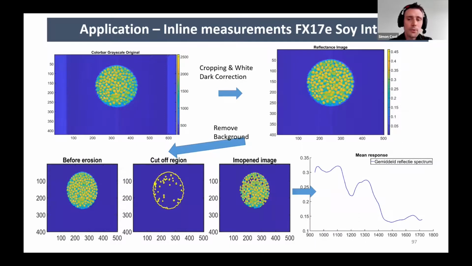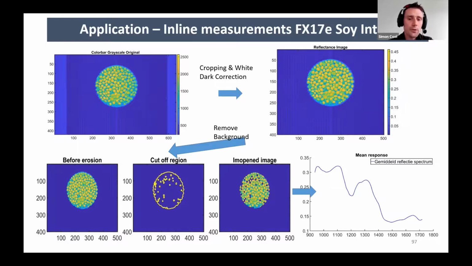Here you see some examples about that. You see that hyperspectral imaging is, of course, obtaining spatial information, which is then processed by image processing. For example, region of interest, cutting off the edges and removing, using morphological operations, the boundary regions or the regions in between the beans.